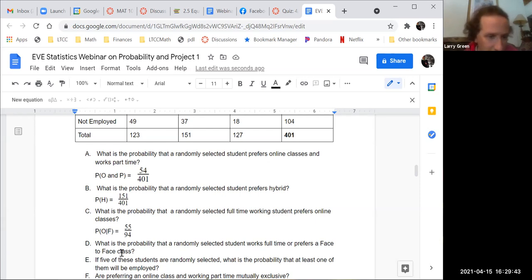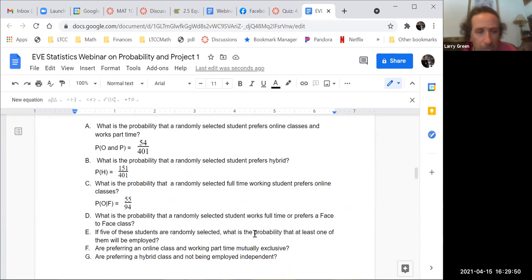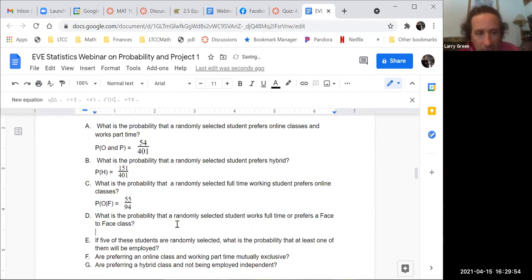Okay, the next one is, what is the probability that a randomly selected student works full time or prefers a face-to-face class? So that's going to be the probability of full time, call that F, and then I'm going to write down the word or.